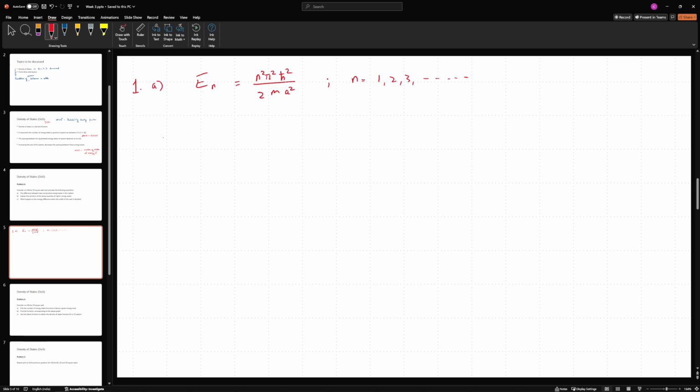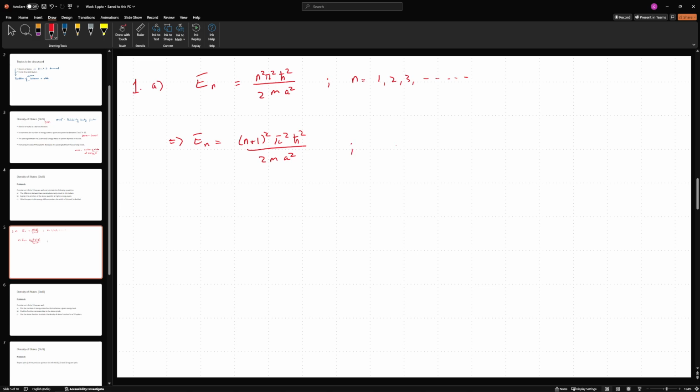So we need to find the difference between the consecutive energy levels. This implies E_(n+1) is going to be (n+1) whole squared pi squared h bar squared divided by 2 m a squared. Alternatively, I can observe that n is the only quantity that varies as I move from one energy state to the next.